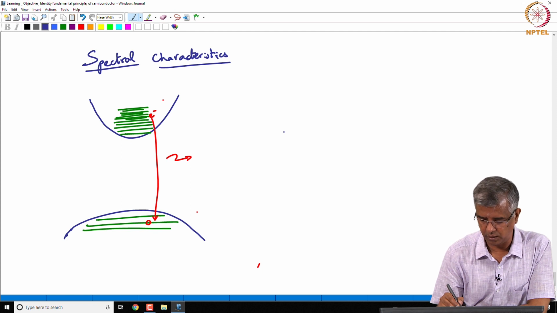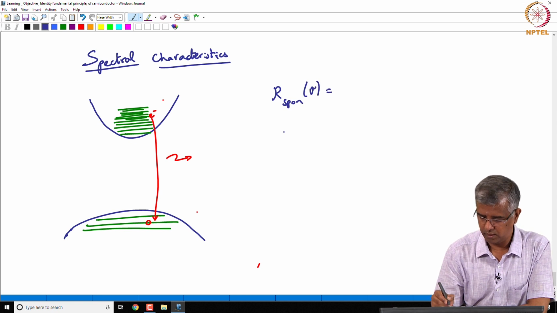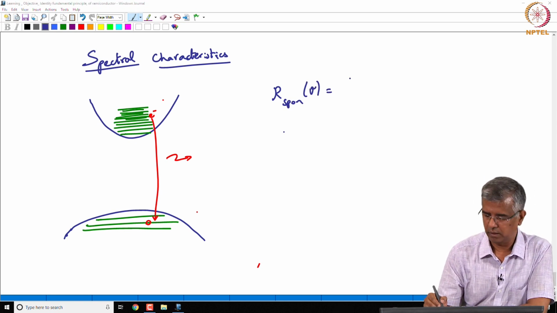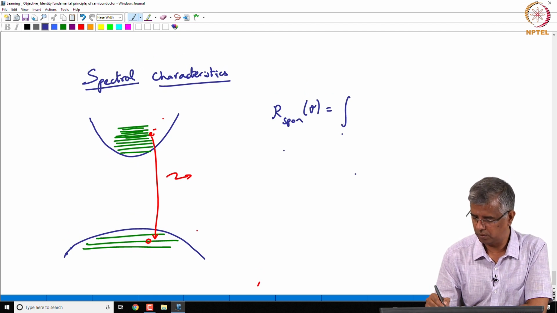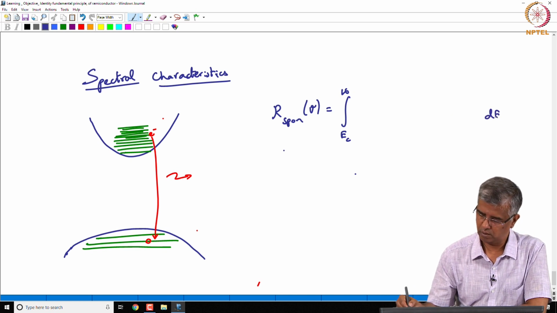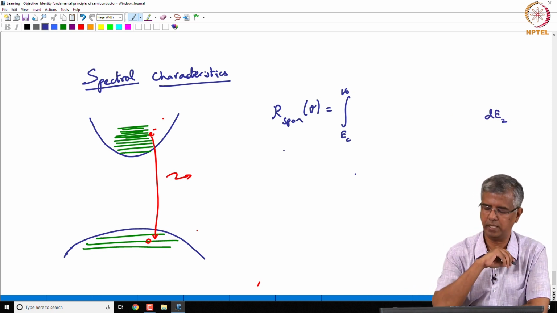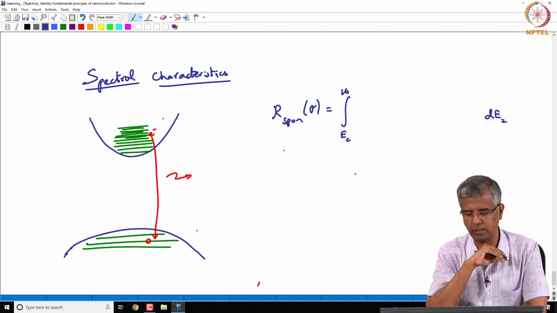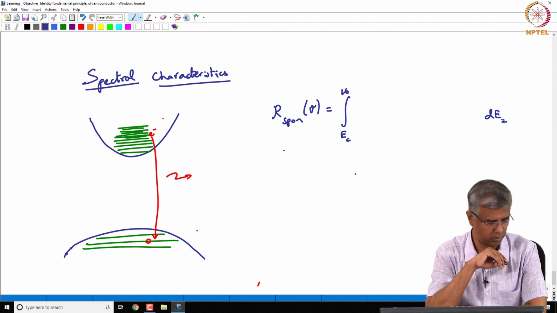But the spontaneous emission rate can be tracked as an integral from E_C to infinity over all these energy levels. E2 corresponds to the energy levels in the conduction band.